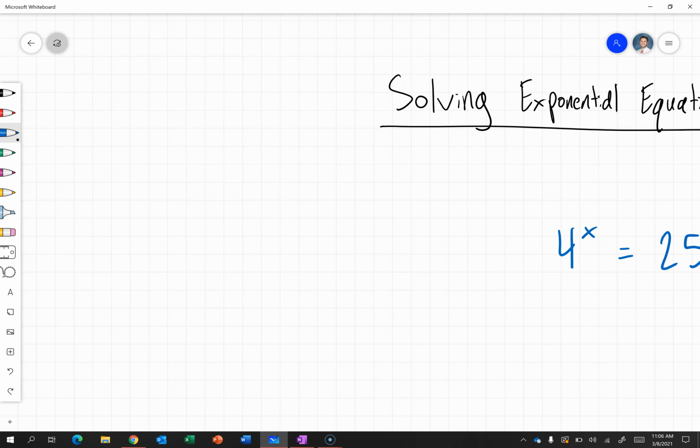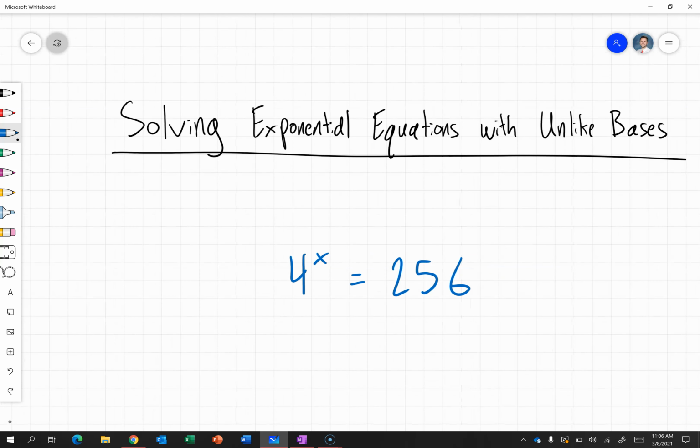So in order to solve an equation with exponents when we don't have the same base, we need to first find the same base. For example, we're looking at this problem, 4 to the power of x equals 256. Always a good starting point would be to see if one of these numbers can be our base.